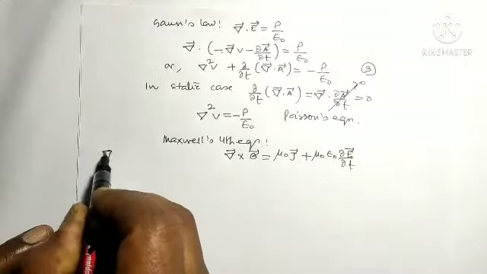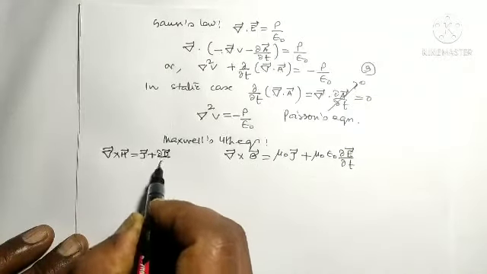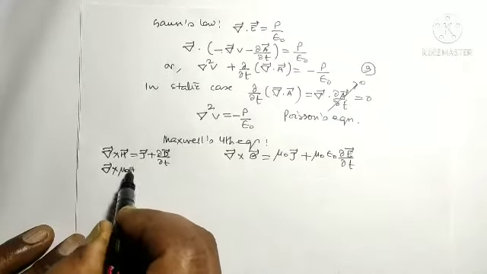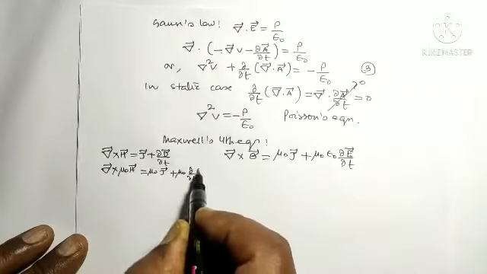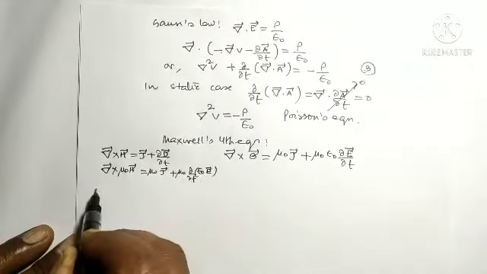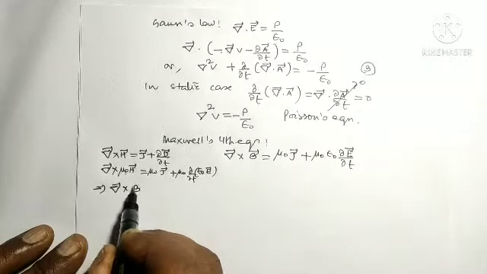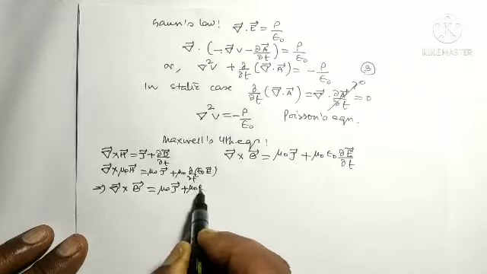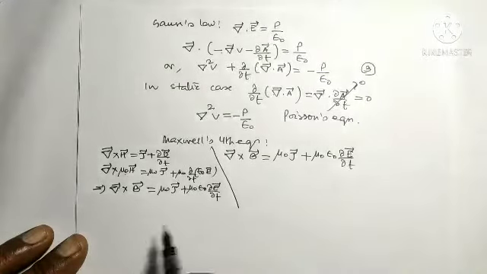That comes from the formula del cross H equals J plus del D by del t. We multiply by mu 0: mu 0 J plus mu 0 del by del t of D, where D is epsilon 0 E. So this becomes del cross mu 0 H, that is B, equals mu 0 J plus mu 0 epsilon 0 del E by del t.